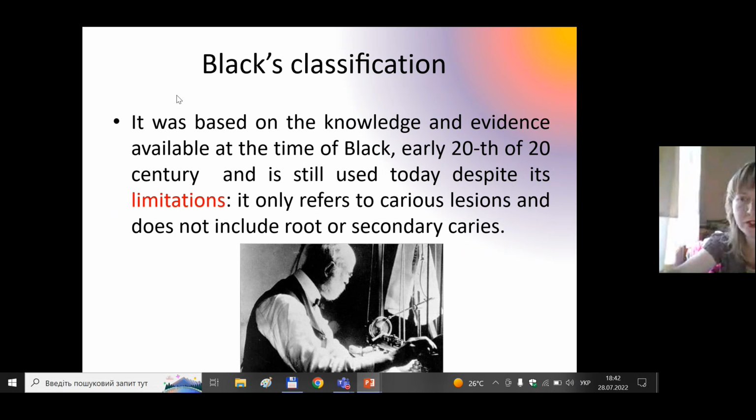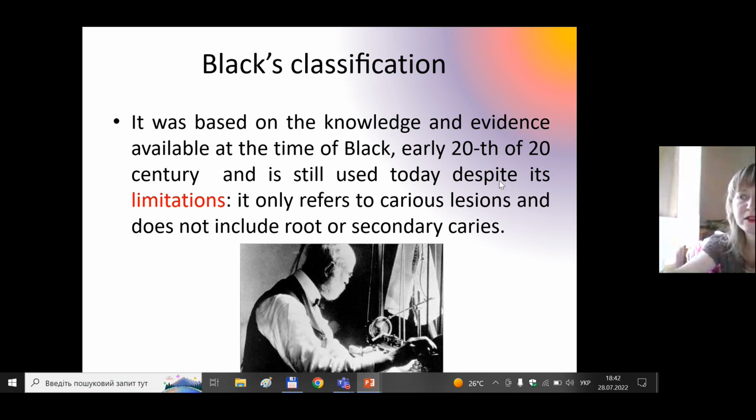Okay, we have successfully finished with the structure of caries cavities. And now we can go into Black's classification. This classification was based on the knowledge and evidence that were available at the time of Black.